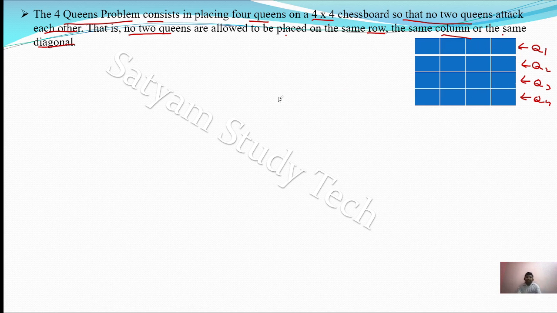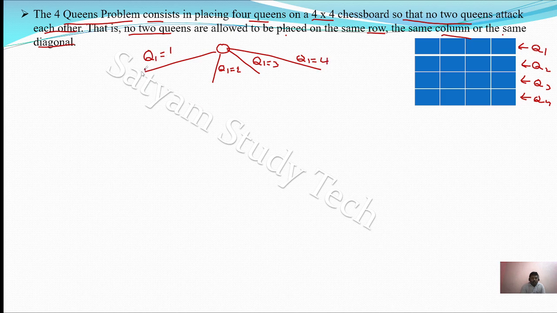So how many total nodes are there? After fixing the queens in the rows, we have q1 in the first column, q1 in the second column, q1 in the third column, and q1 in the fourth column.